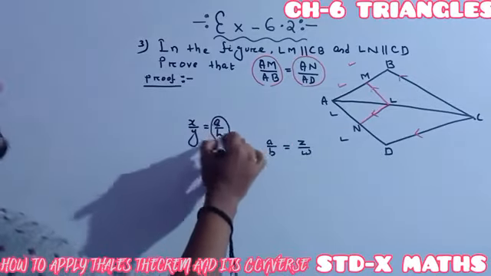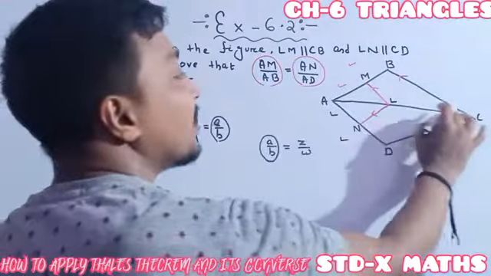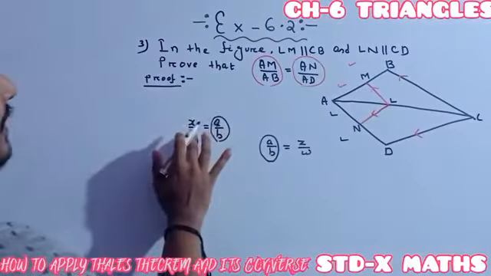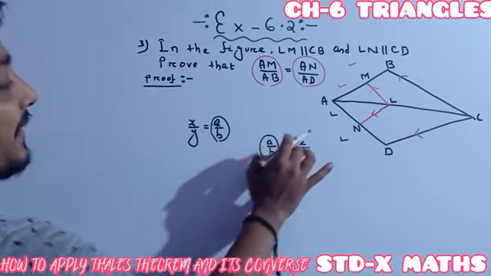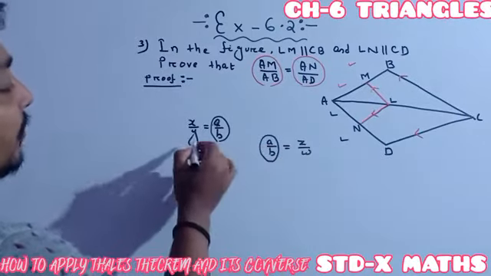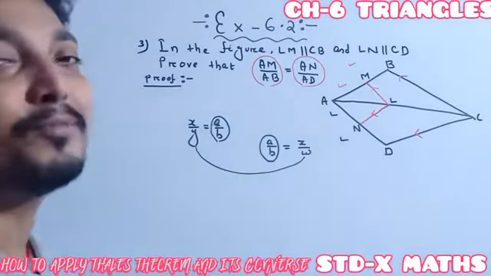Here a by b is common, because of the common side. So x by y is the same as a by b, and a by b is the same as z by w, so we can say directly x by y is equal to z by w.